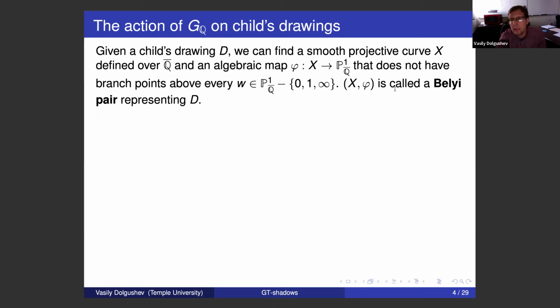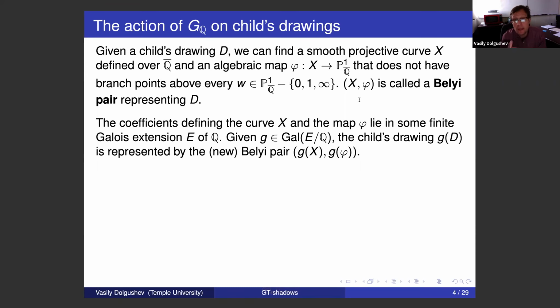This pair (X, phi) is called a Belyi pair representing, or realizing, D. The coefficients defining the curve and the map lie in some finite Galois extension, because I need finitely many coefficients to define the curve and the map. I can take the Galois closure.